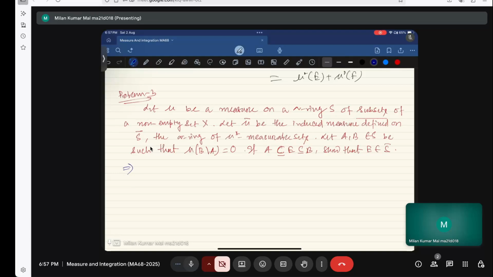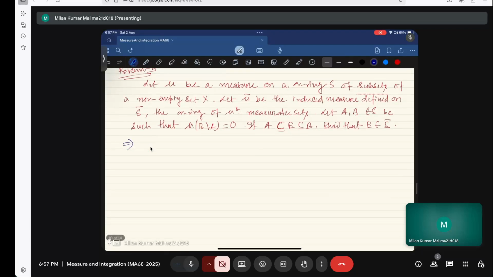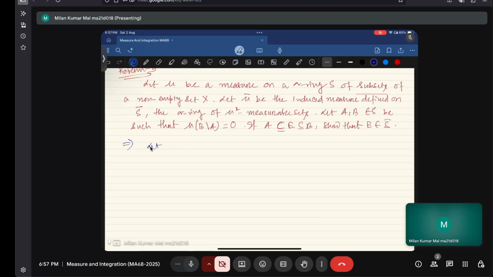So here, S is the sigma ring that is given, and mu is the measure. First we have to say what the mu star measure is. What is mu star actually here?